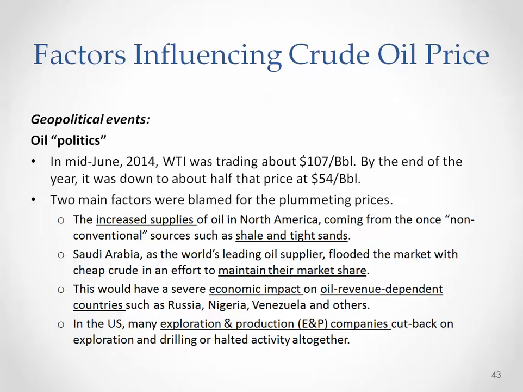First, the increased supplies of oil in the United States, coming mostly from unconventional reservoirs, shale and tight sands, because the price of oil was high, and at around $100, it's totally economically feasible to produce oil from costly unconventional reserves.